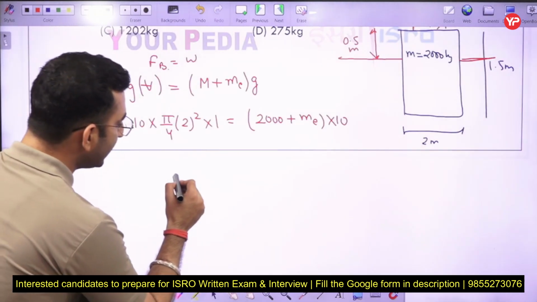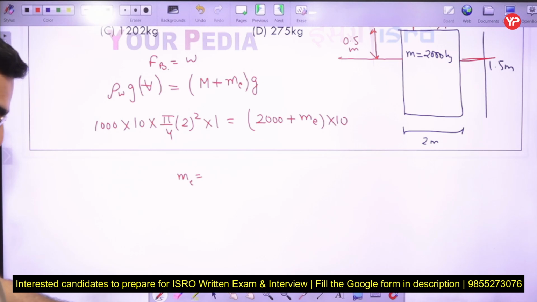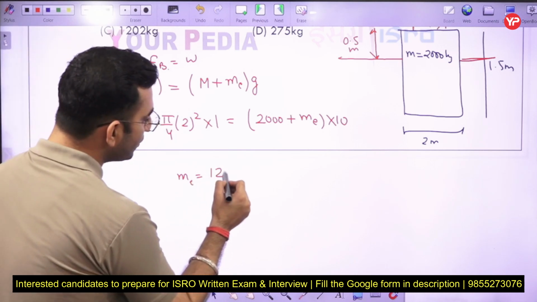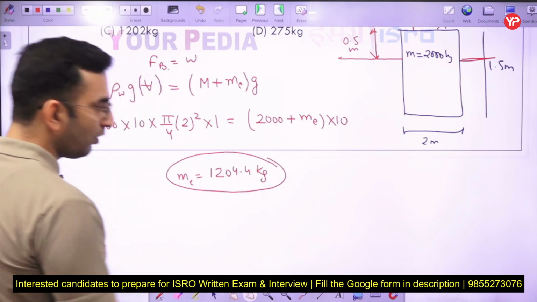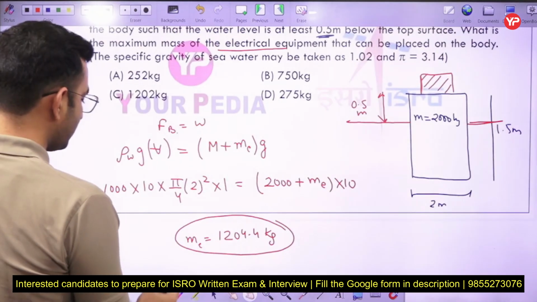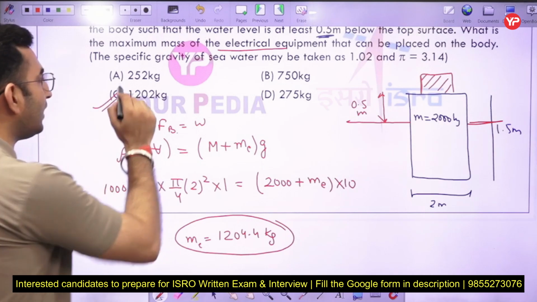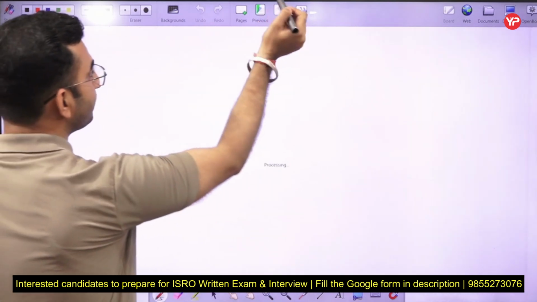If you solve this entire equation, you are going to get the value of Me coming out to be around 1204.4 kg. So this will be the final answer, and I can say option number C will be the correct answer. Now the next question.